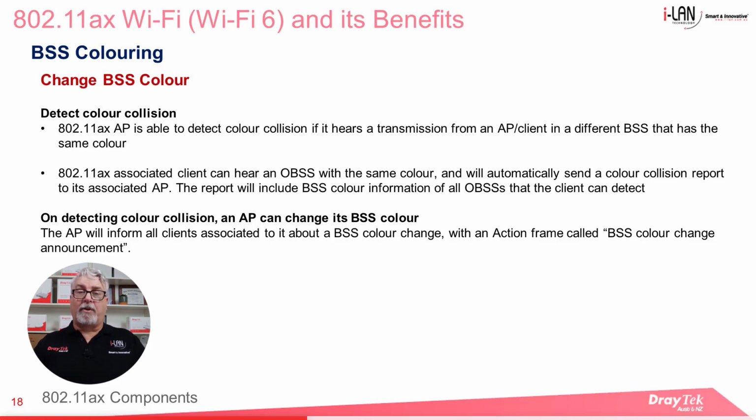The report will include BSS color information of all OBSSs that the client can detect. On detecting the color collision, the access point can change its BSS color, and it will inform all clients associated to it about a BSS color change with an action frame called BSS Color Change Announcement. The end result is that 802.11ax networks can safely overlap access points on the same channel.